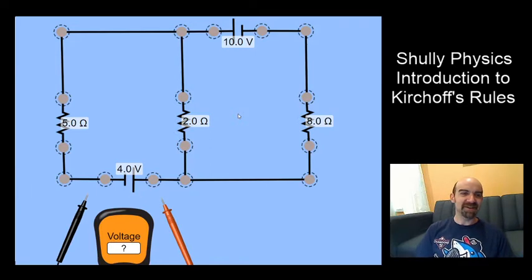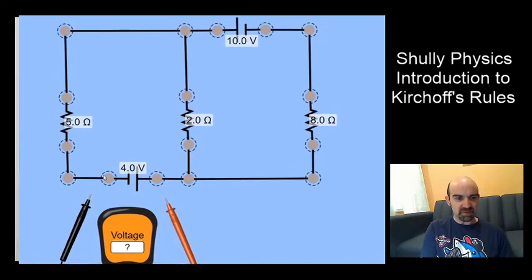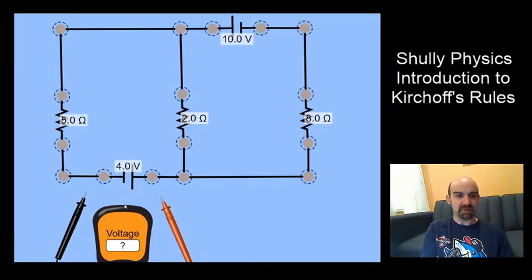So thank you, PhET. All right, we're going to come back to that. We're going to check out some voltages, some potentials, and mainly the currents. What is the current through each section of this circuit? That is what we're really going to be looking for here.